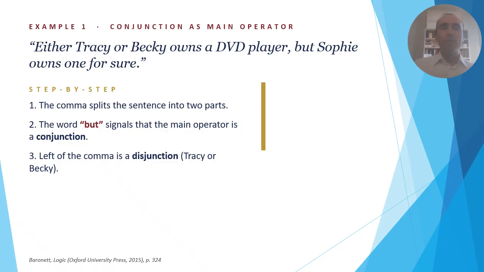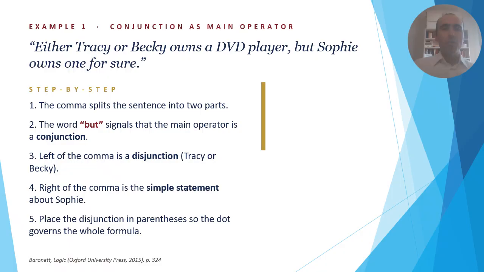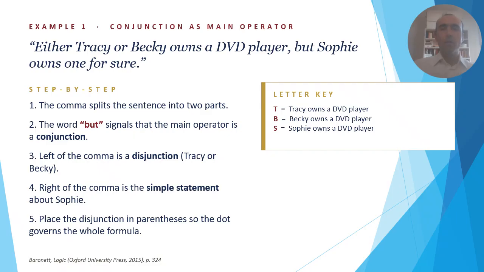Left of the comma is a disjunction, Tracy or Becky. Right of the comma is the simple statement about Sophie. Place the disjunction in parentheses so the dot governs the whole formula. We use the following letter key. T stands for Tracy owns a DVD player.